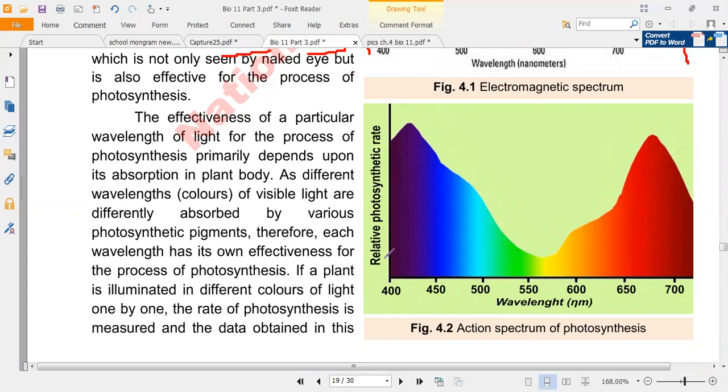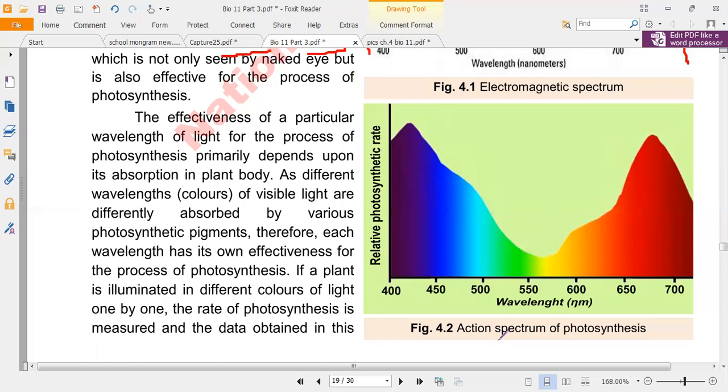Here we can have the photosynthetic rate against the light, because we know that light is split into 7 colors. So when we go through these by different experiments, we can see that visible light has different absorption, or different action on photosynthetic pigments, in photosynthesis, and that is called the action spectrum.